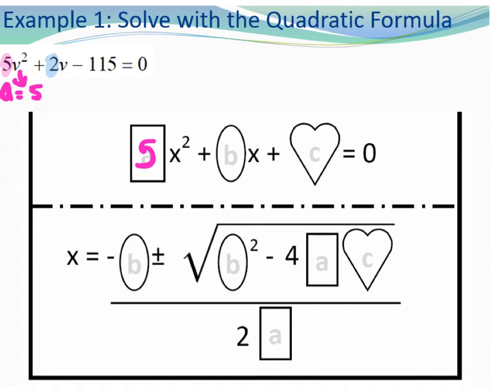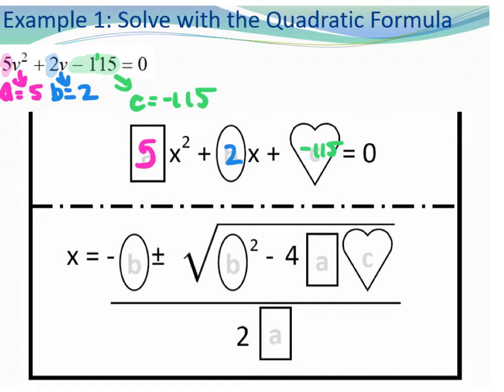So in this case, b is equal to 2, which I can fill in next to x. And then lastly, the number that's just by itself is our value of c, which in this case is negative 115. So I can fill that into the heart.